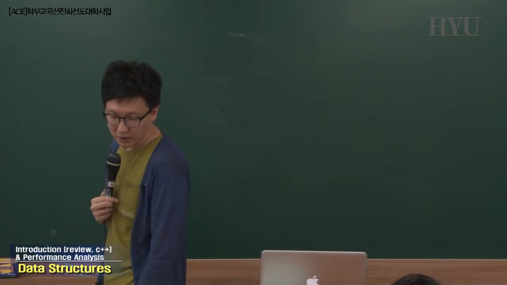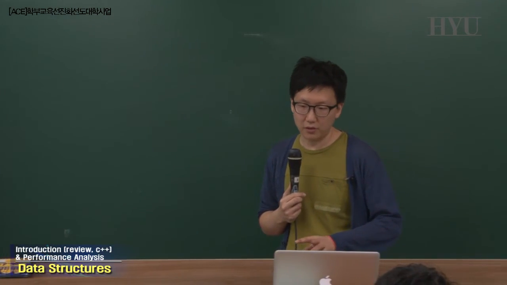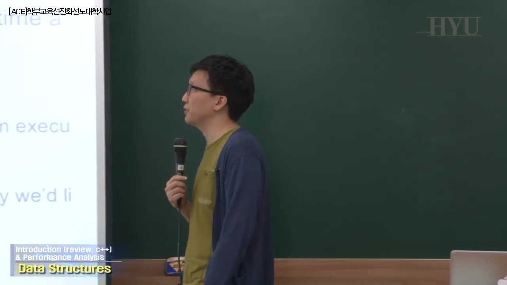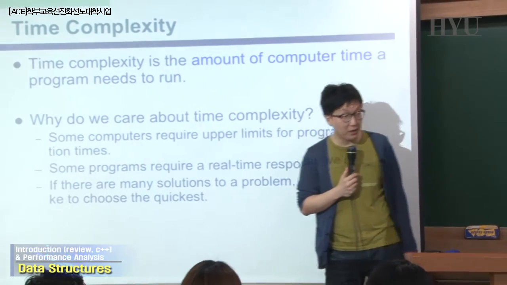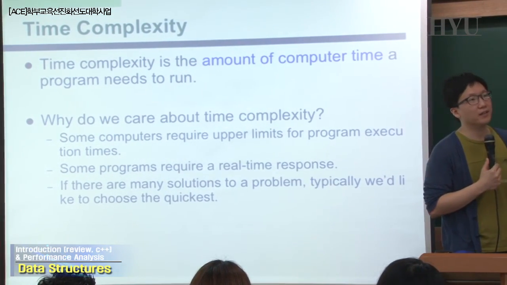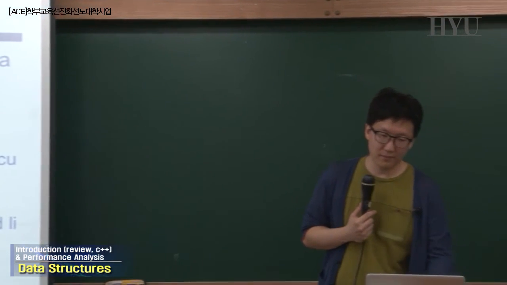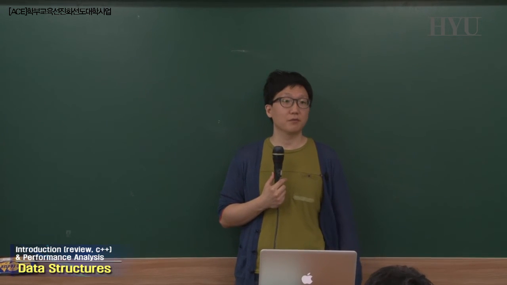Time complexity, we start looking at it. We stop around here, right? Time complexity is the amount of computer time a program needs to run. But we all know, because we covered some of the pseudocode ideas and abstractions, that the same program takes 10 seconds on your computer and 20 seconds on another computer.